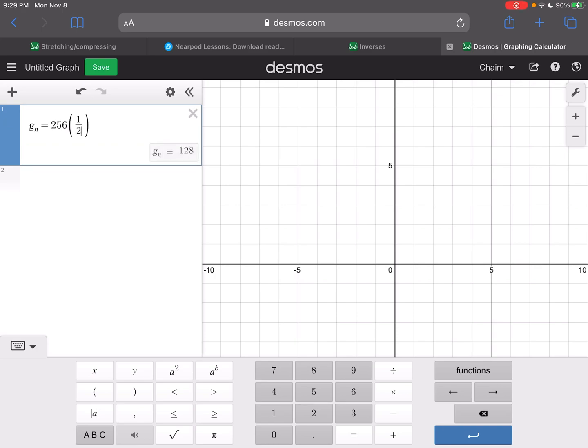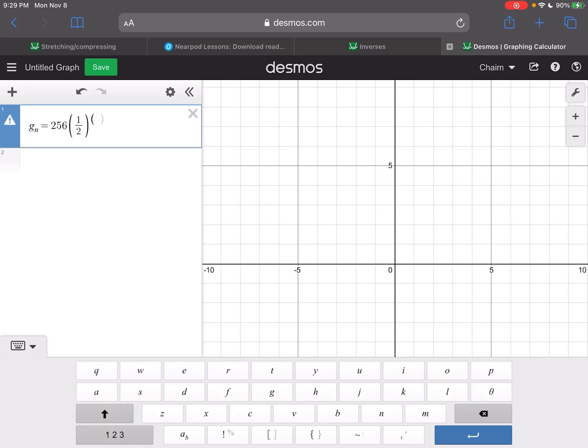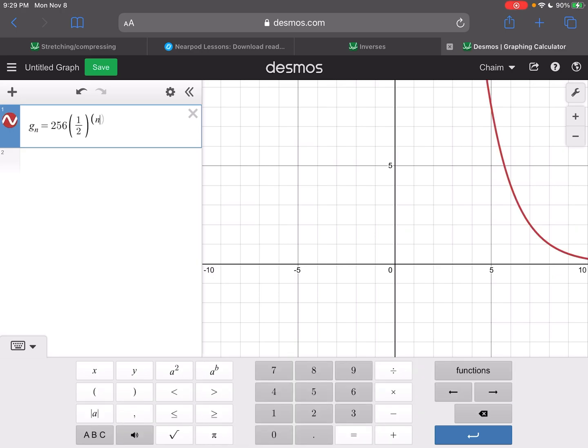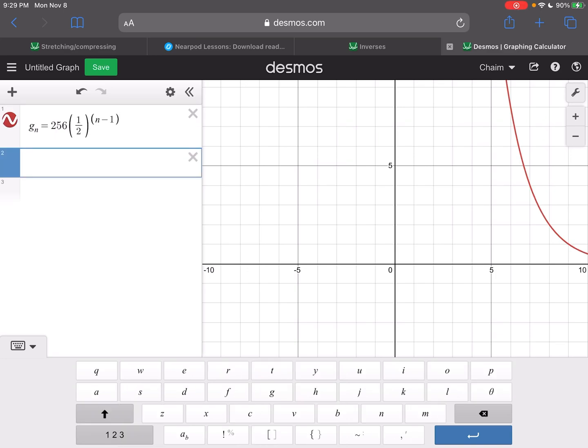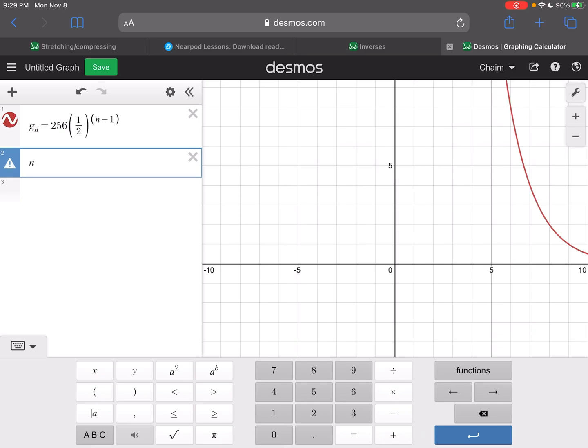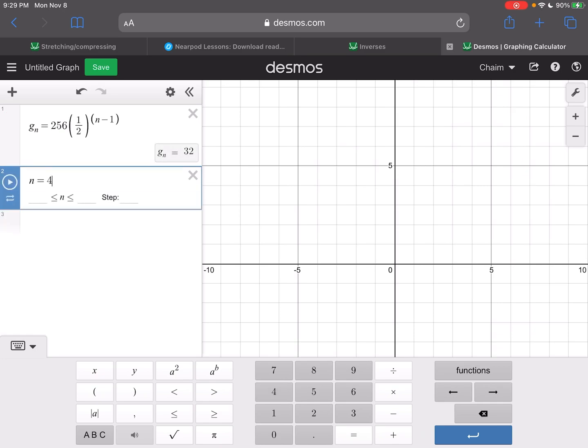And make sure when you raise it, not 2, to the power, you go parentheses n minus 1. And they want the fourth term. So you're going to say n equals 4. What's the fourth term? 32. The fourth term is 32.